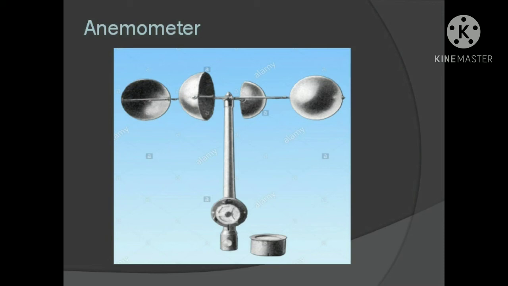A scale placed at the bottom of the anemometer records the wind speed in the desired unit of measurement. There is a meter at the bottom with which we can measure the speed of wind. That is the working of the anemometer.